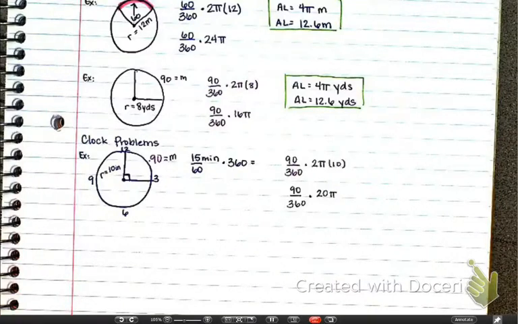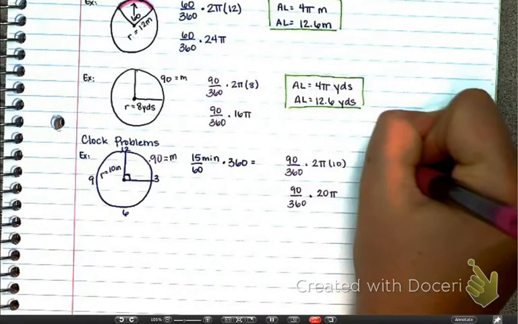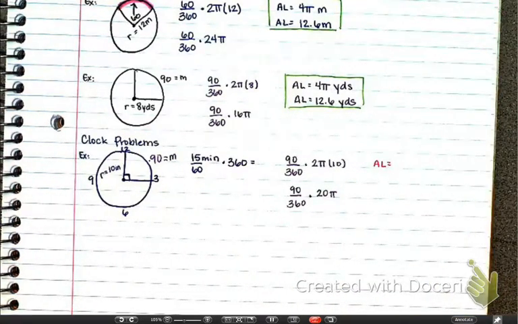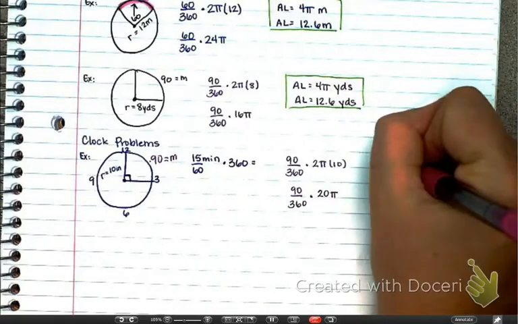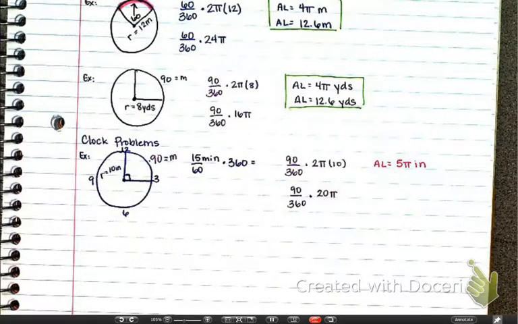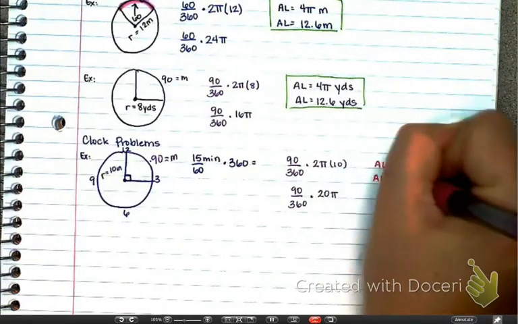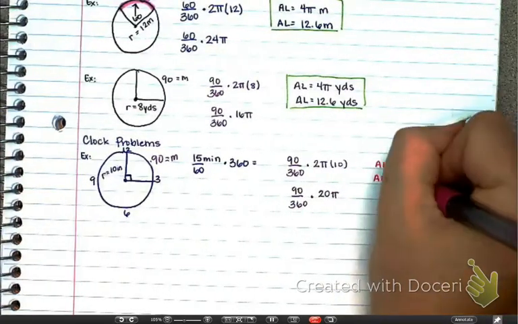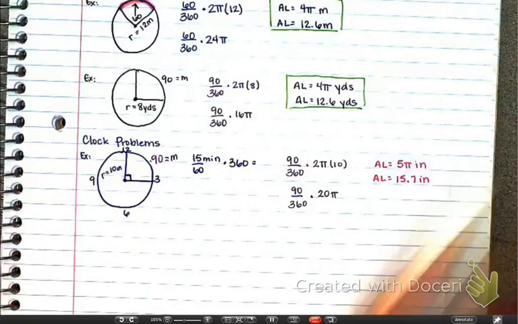So in your calculators, 90 divided by 360 times 20. What did you get? 5. So the arc length is 5 pi inches if I want it exact. If I want a rounded answer, what do you get? 15.7 inches.